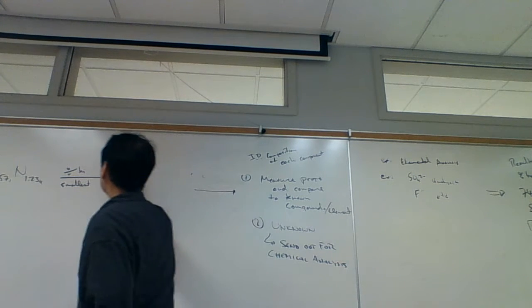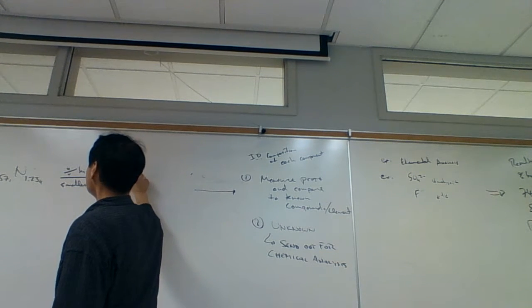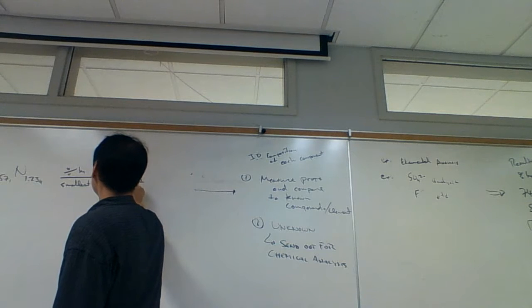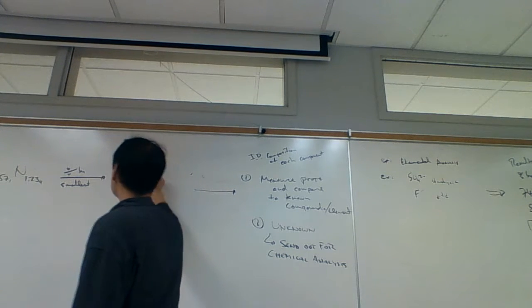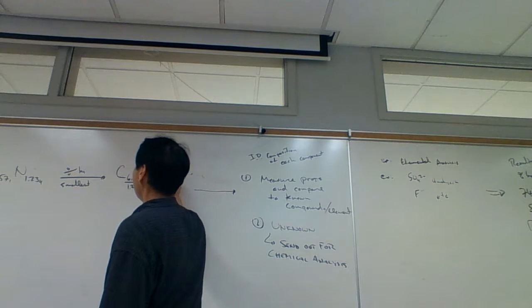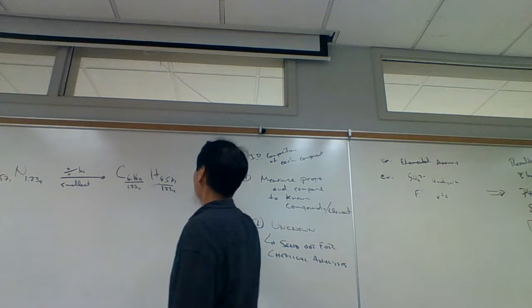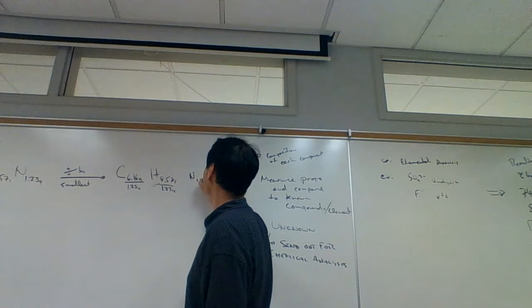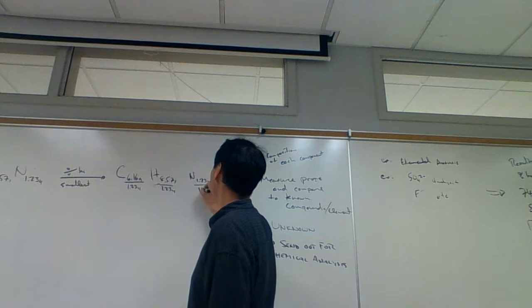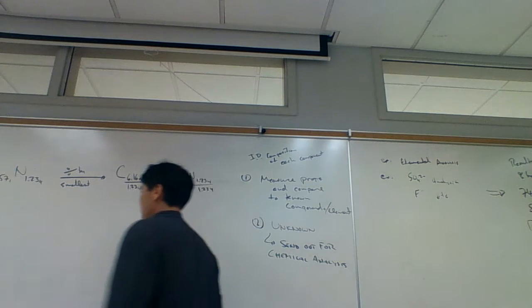And so we're going to go C 6.169 divided by 1.234, which is the smallest. H 8.571 divided by 1.234, and then N 1.234 divided by 1.234.